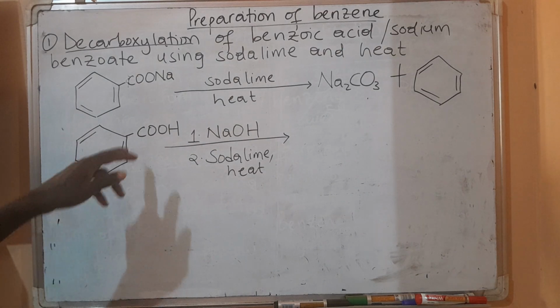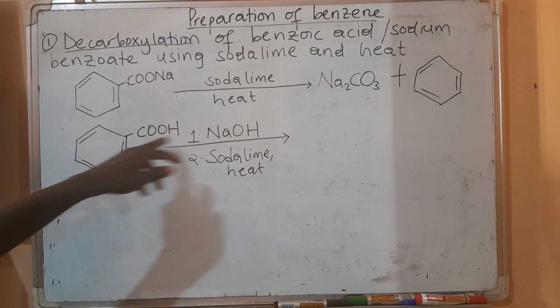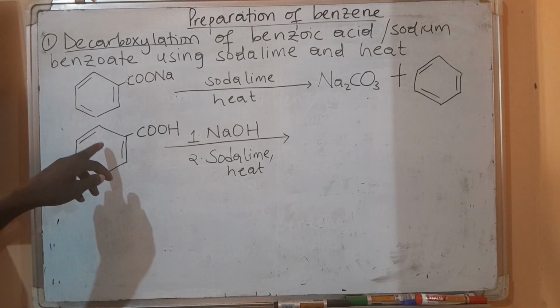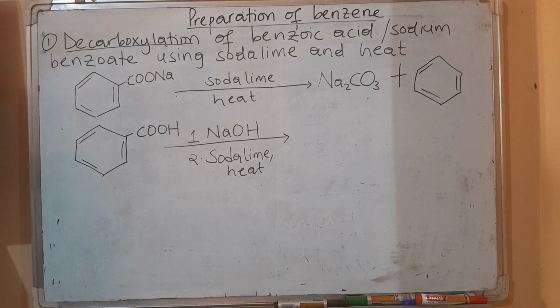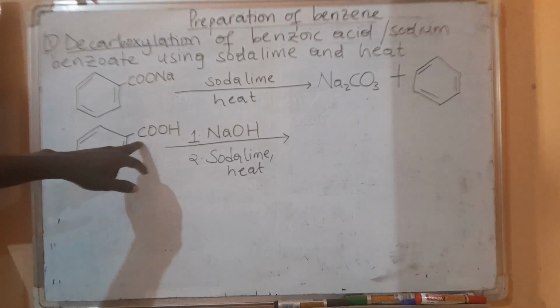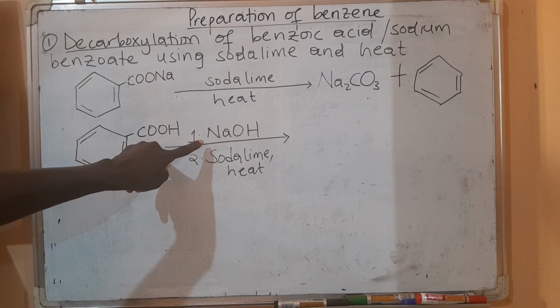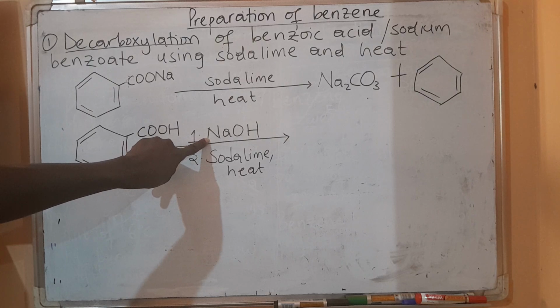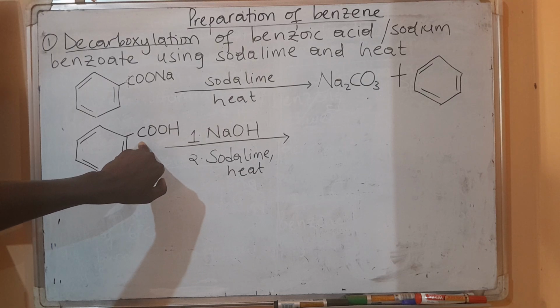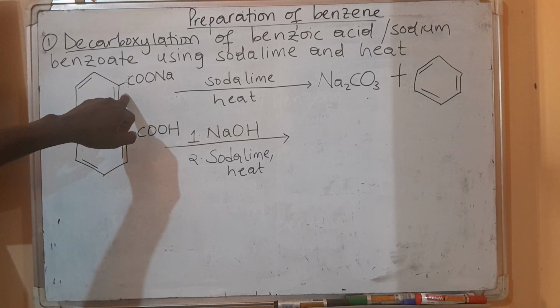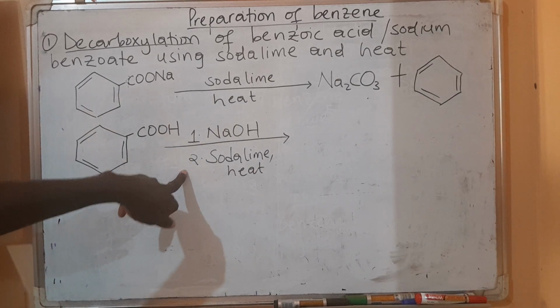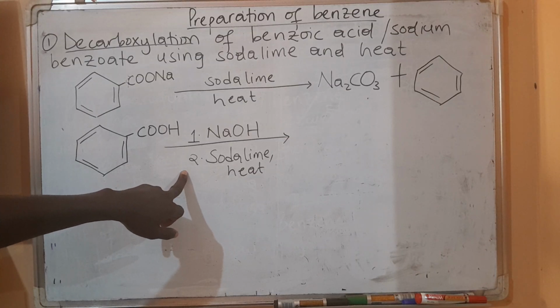In the first step, the reaction of an acid with a base yields a salt and water. So the salt which will have formed will be sodium benzoate, which undergoes the second reaction.